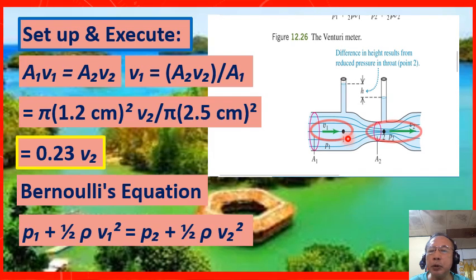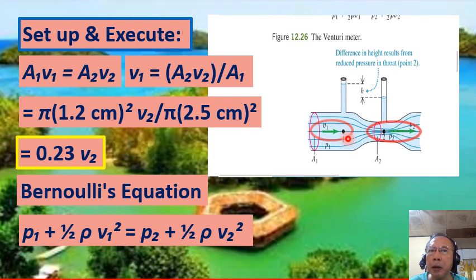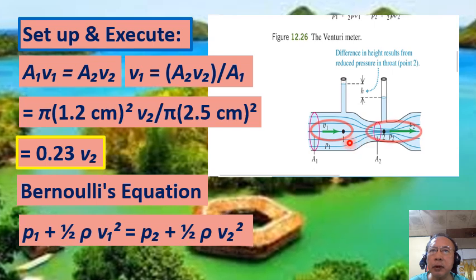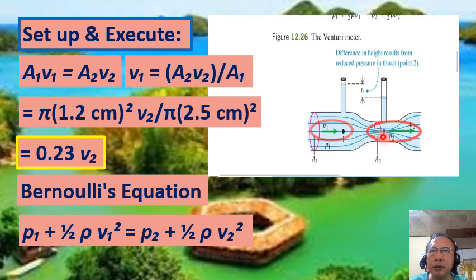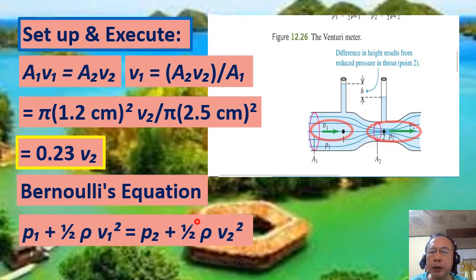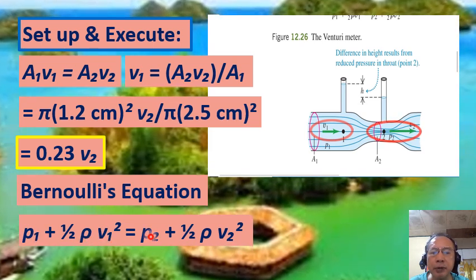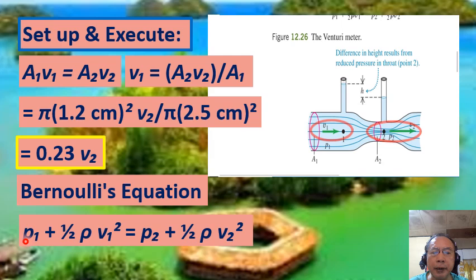So there is no vertical displacement or vertical height of the flowing water. So that our equation is simply in terms of what we have here now, all right?